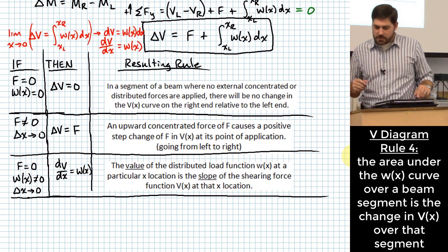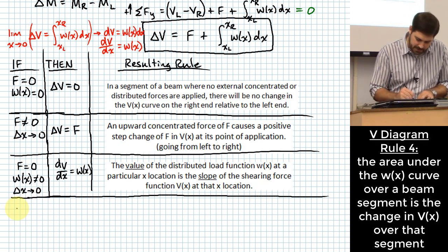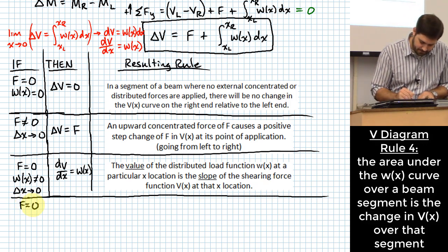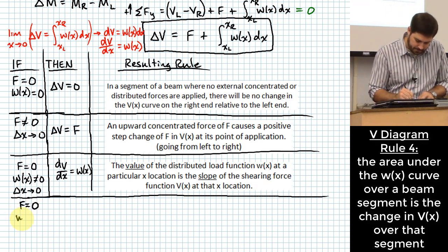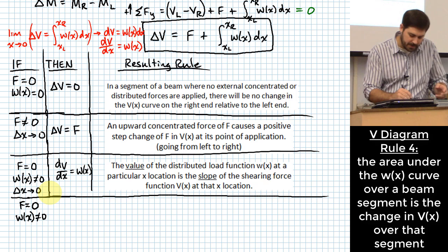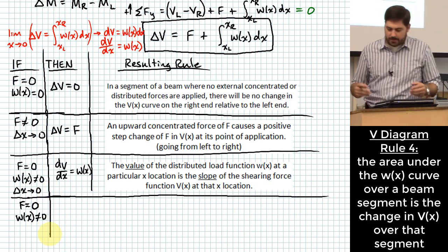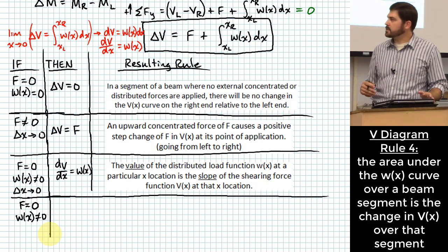Okay, the next one I want to look at is what if f is equal to 0 again, and now w of x is not equal to 0 again, but this time we're not going to cause there to be any kind of a narrowing of our x. So we're not making x go to 0.